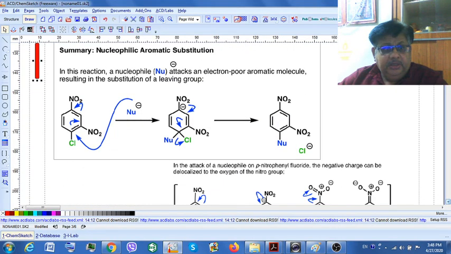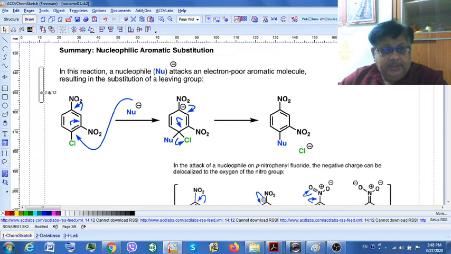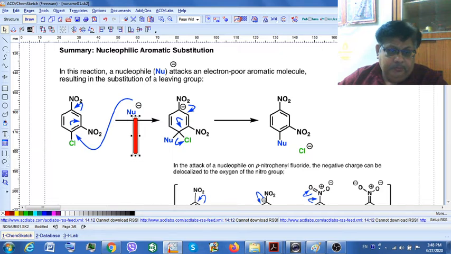Please look at that particular summary of nucleophilic aromatic substitution reactions. As you are seeing here, this nucleophile, as I've shown with my pointer, will tend to attack at this chlorine.